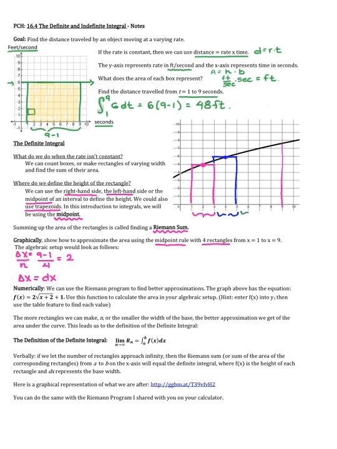Then the next interval, also a length of 2, so at 6, I draw a horizontal and drop my sides, and then at 8, we draw a horizontal through there and drop the sides. That represents the 4 rectangles that we're going to use to approximate the area under this curve from 1 to 9.